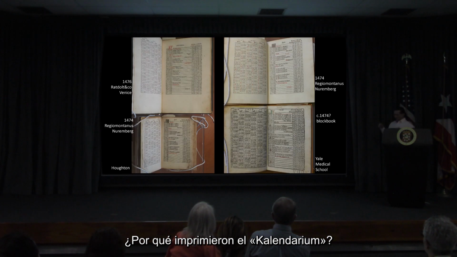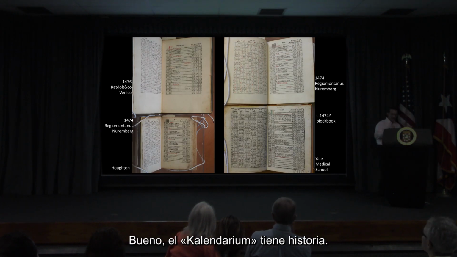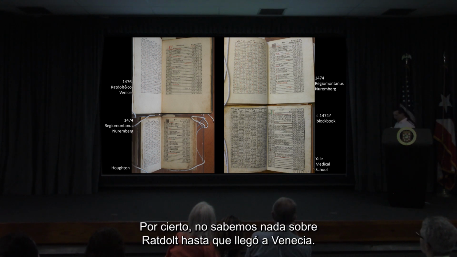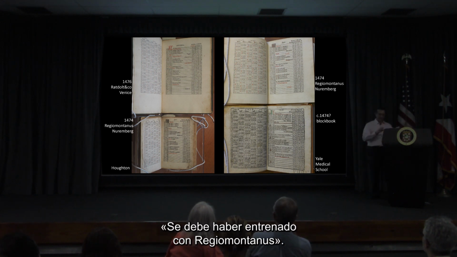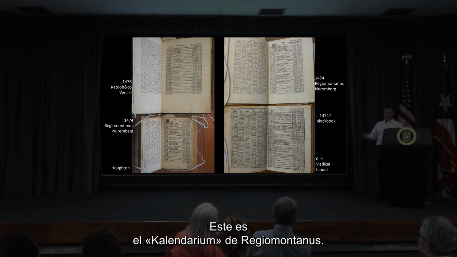Why did they print a Calendarium? Well, the Calendarium had a history here. We know nothing, by the way, about Ratdolt before he came to Venice. And people always speculate, oh, he must have learned printing or trained under Regiomontanus. This is Regiomontanus's Calendarium.